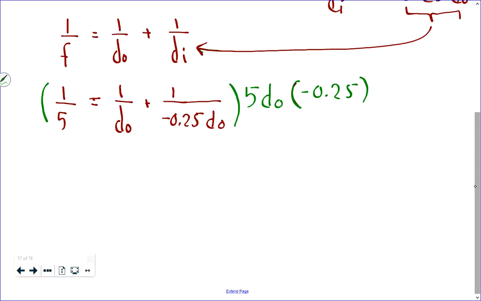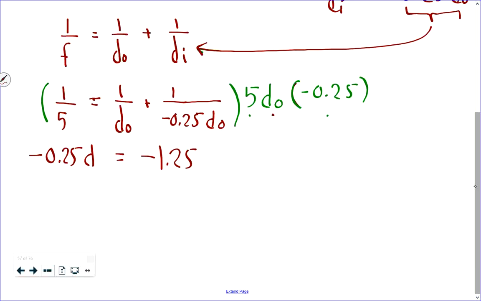So what happens? This is a Math 20 problem here. 1/5 times these three things, the 5 will cancel and I'll be left with the other two. I'll be left with negative 0.25 dO equals, when I multiply 1 over dO by these three things, the dO will cancel and I'll be left with the 5 times the negative 0.25, which I'm pretty sure, but sometimes my brain seriously skips a beat, I'm pretty sure that's negative 1.25.